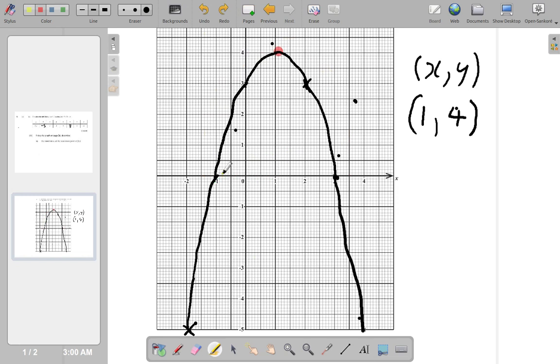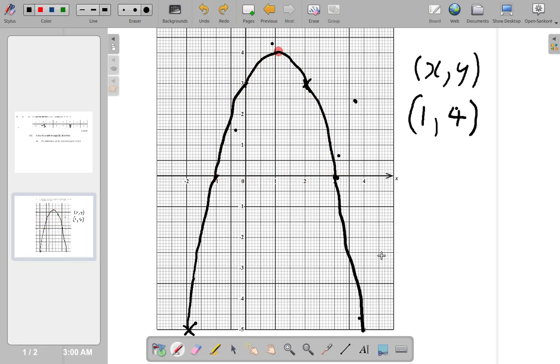The corresponding values of x would be within this range. Alright? So they coincide with where f of x is greater than 0. So right along here horizontally would be the range of values of x. So that range of values of x goes from -1 all the way to 3.